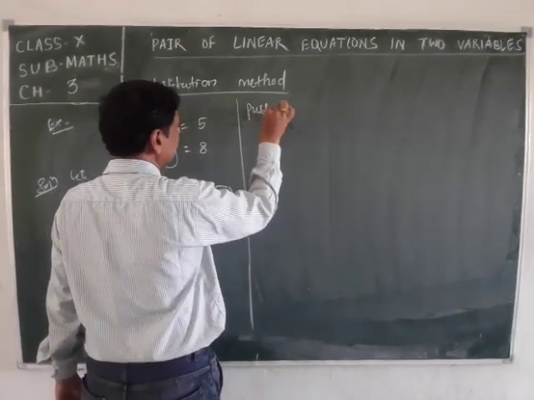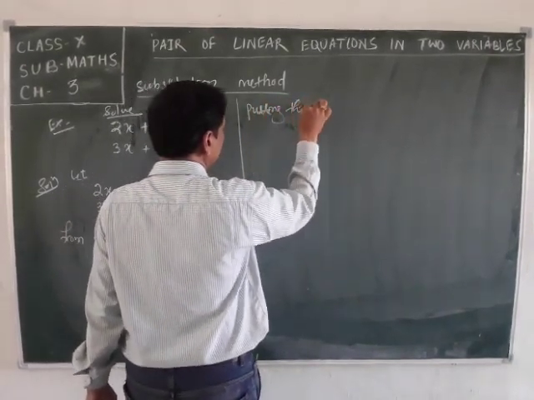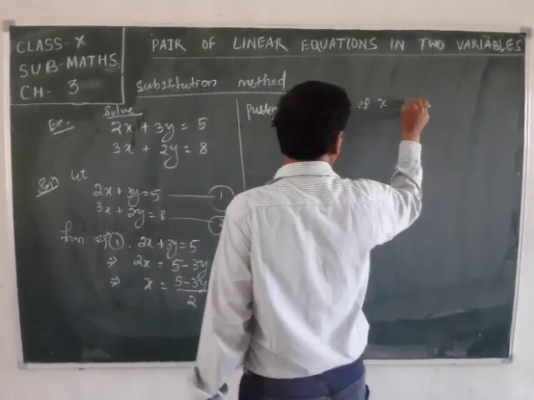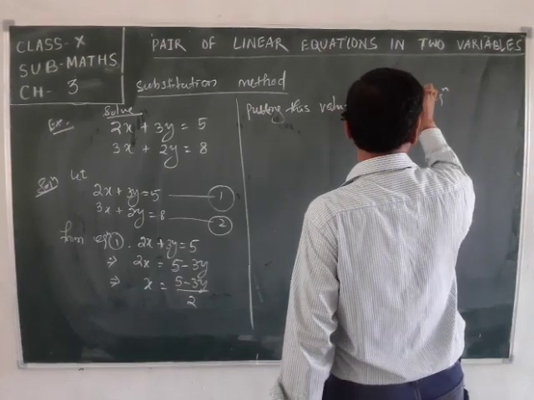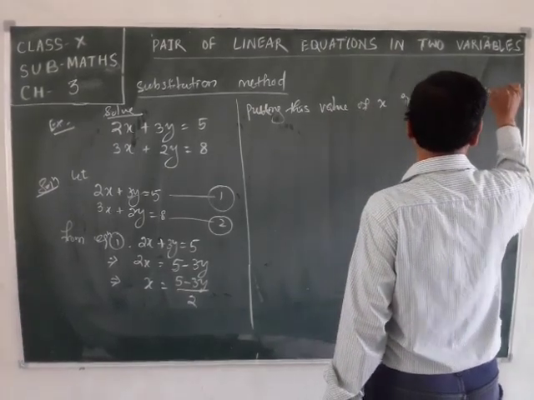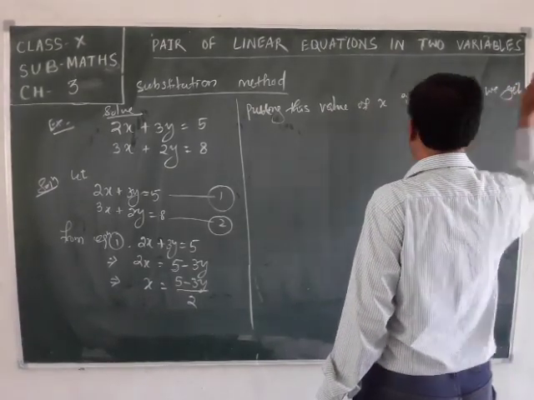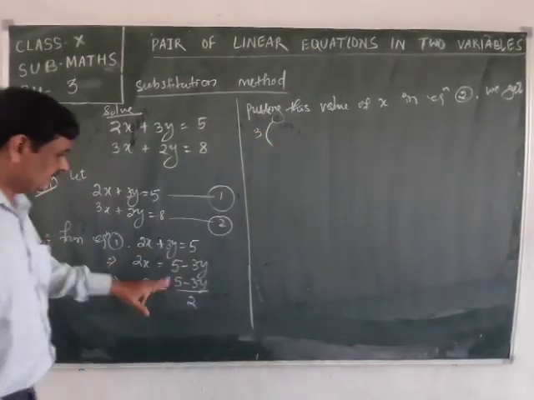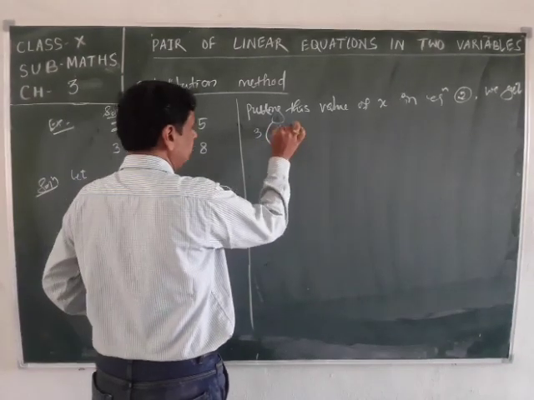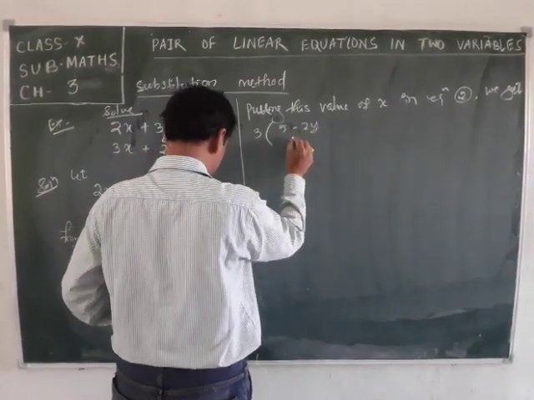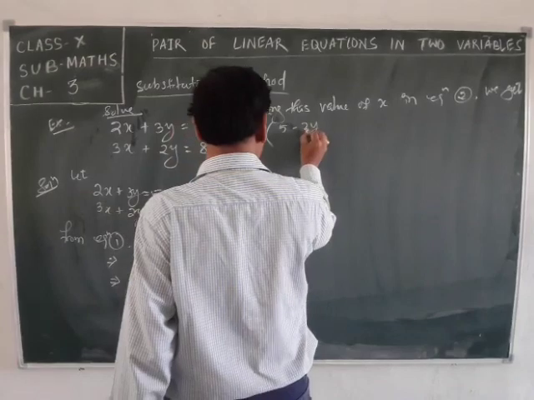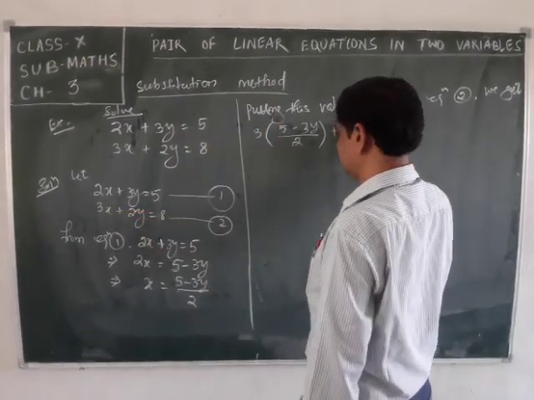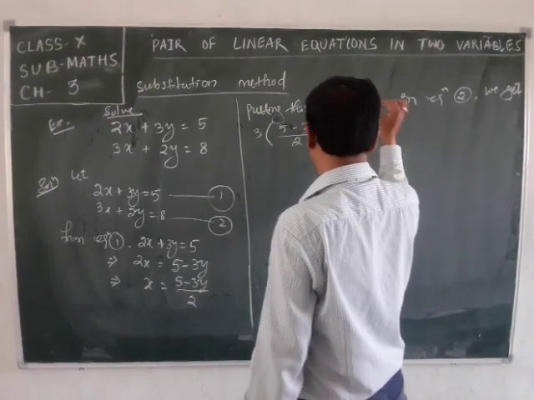Putting this value of x in equation 2, we get 3x means 3 into (5 minus 3y) by 2 plus 2y is equal to 8.